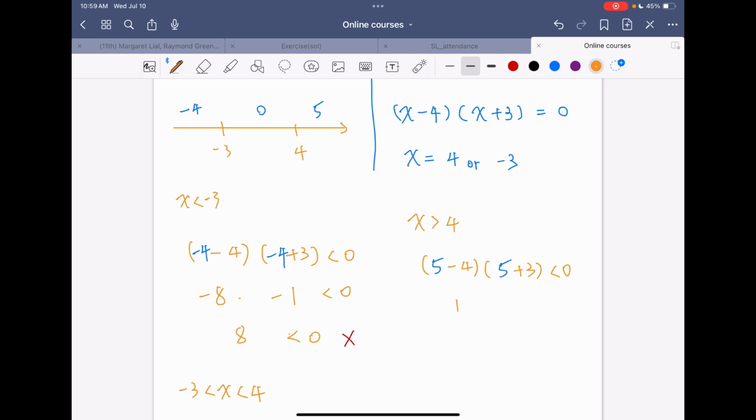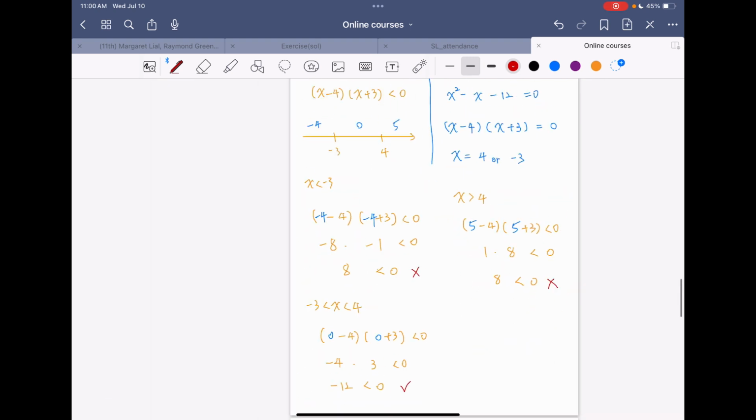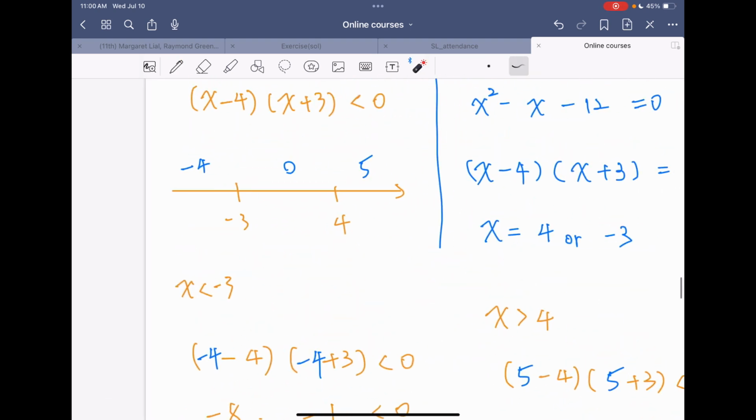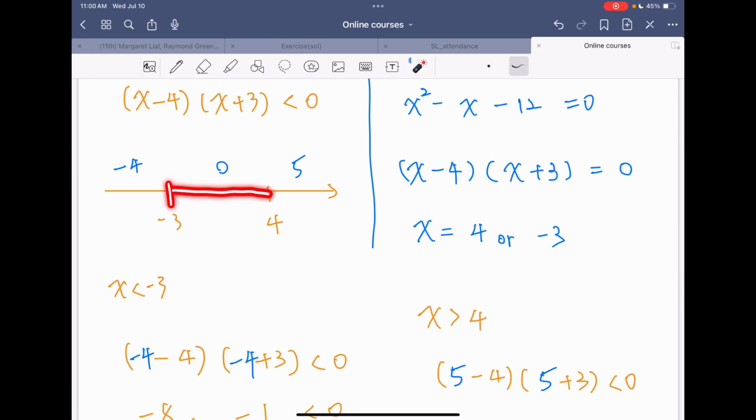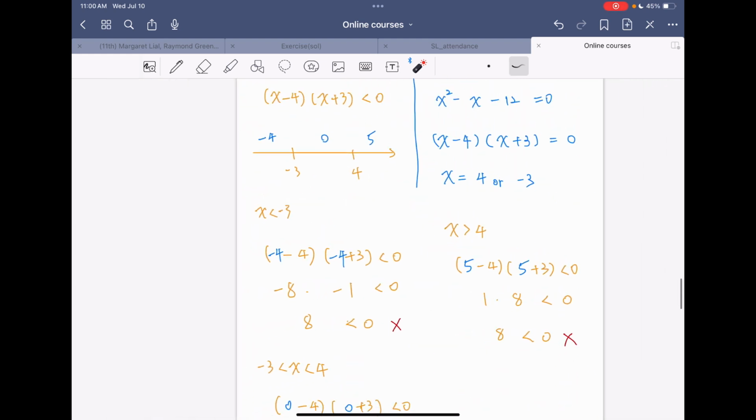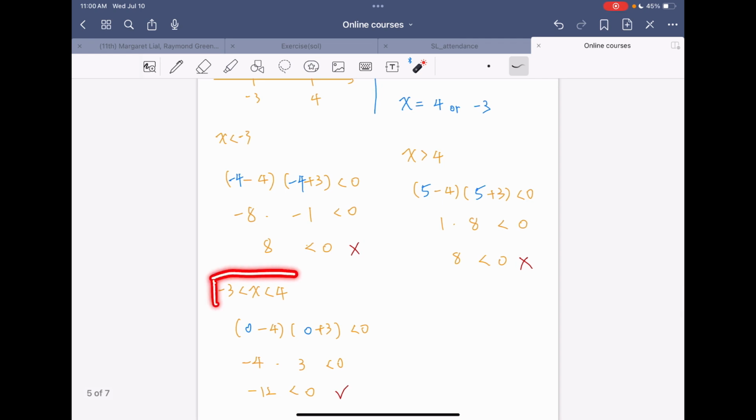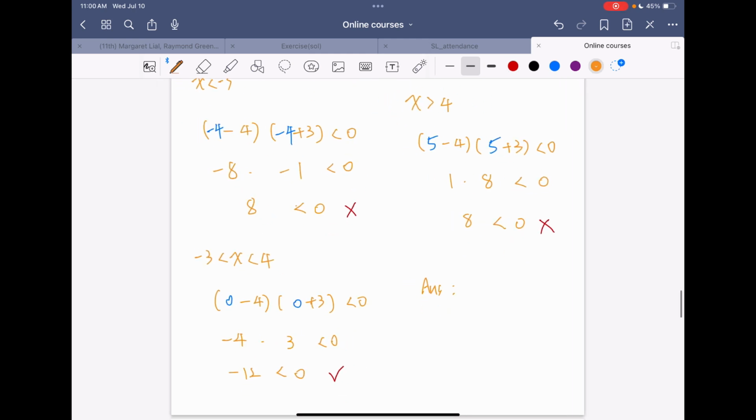We get 1 times 8, and this gives us 8 is less than 0, which is not true, not verified. So the only valid area is this one. And since our inequality doesn't have an equal sign, we can only write our area this way. So we can write our answer here: minus 3 less than x less than 4.